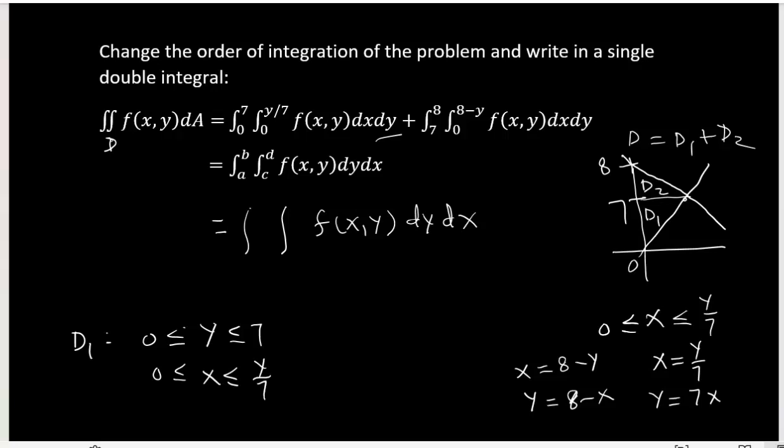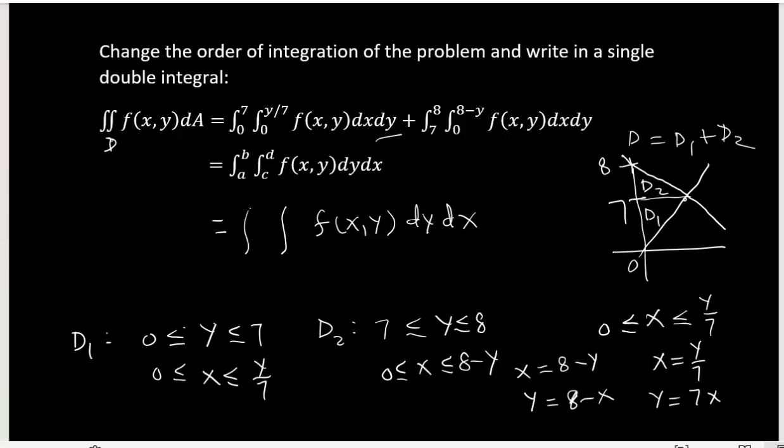This is the idea here. And then my D2 limit, the second one, gives me 7 less than or equal to y less than or equal to 8. And then x is going from 0 to 8 minus y, isn't it?